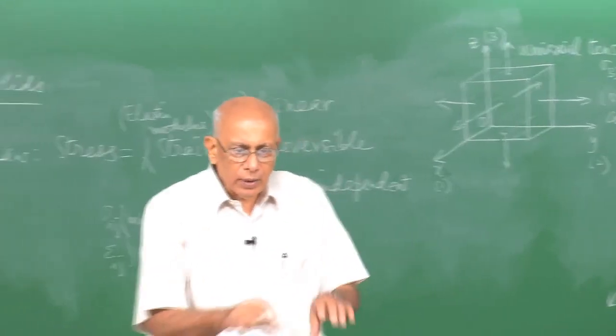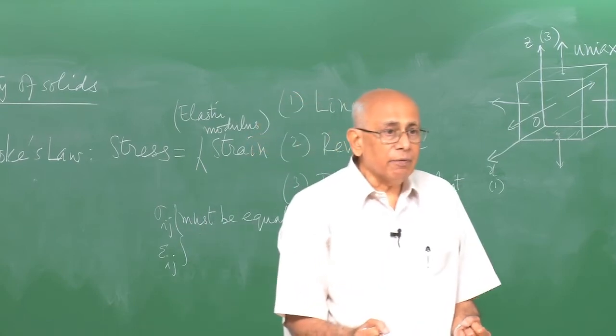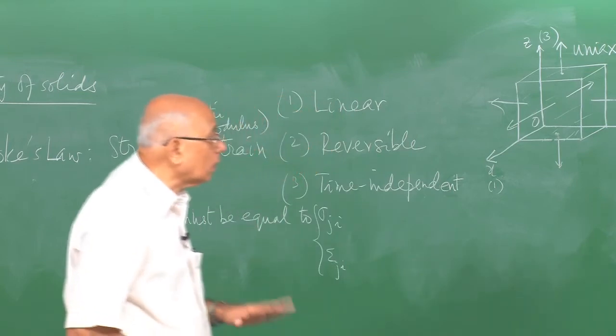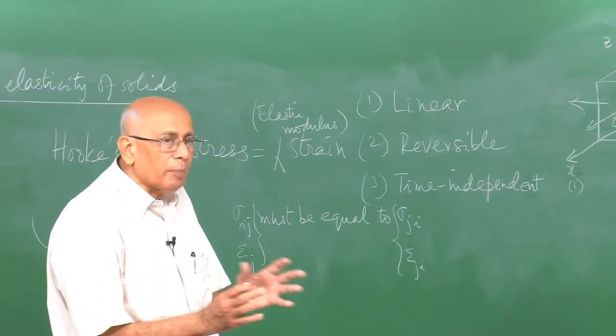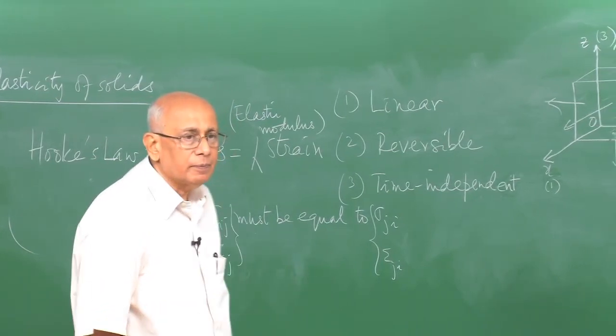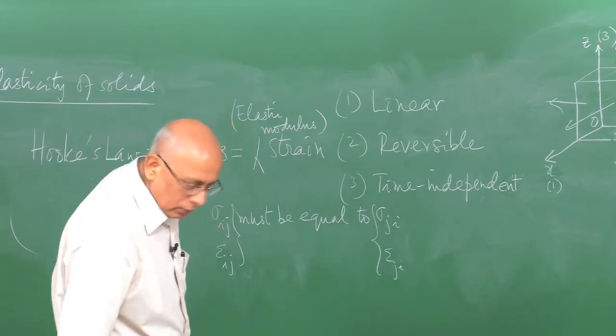All of you know that when you take a ruler and bend it in one direction, it bends easily, it's very flexible, but if you bend it in another direction, it cracks. So these are composite materials which are non-isotropic, but for isotropic media, you have only 2 independent elastic moduli, just 2.